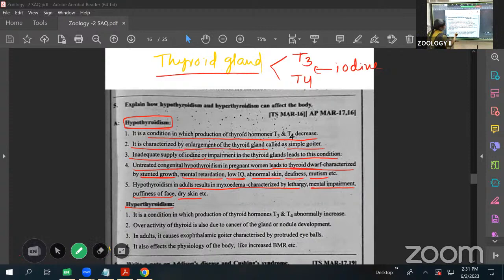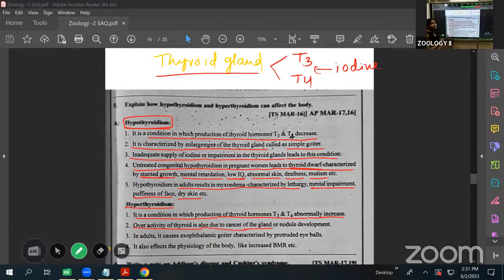It is a condition in which the production of thyroxine hormone abnormally increases. Abnormally, it increases automatically, and that causes hyperthyroidism. Overactivity of the thyroid is also due to cancer of the gland, meaning cancerous structures occur sometimes.